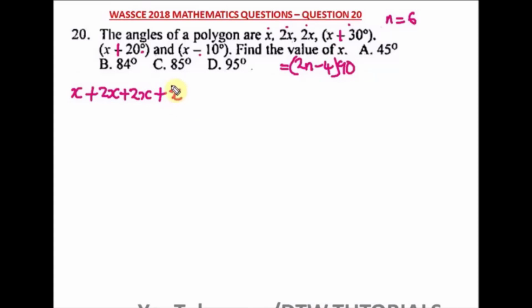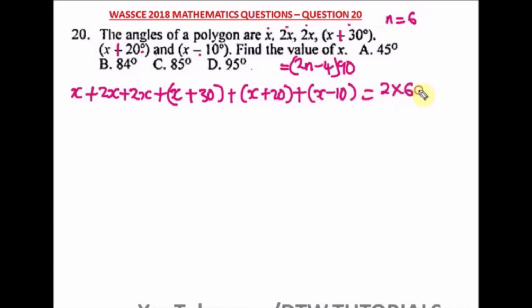Let me put the brackets so I'll explain what I mean. x plus 20 plus the bracket x minus 10 is equal to 2 times 6 minus 4, times 90. From here you can see what I mean. A plus multiplying this plus is still a plus. Same thing here, plus plus. When we get here, plus times this plus is a plus, and plus times this negative will be a negative.